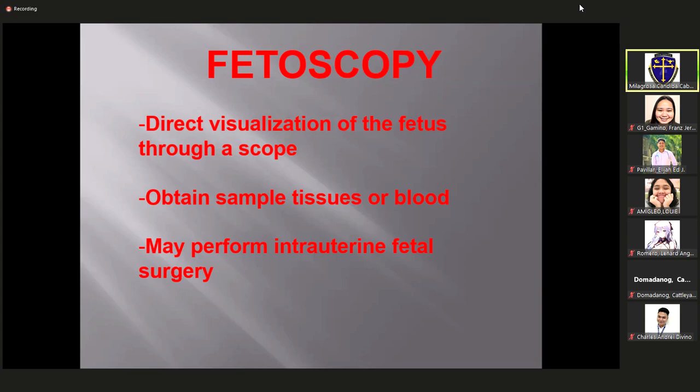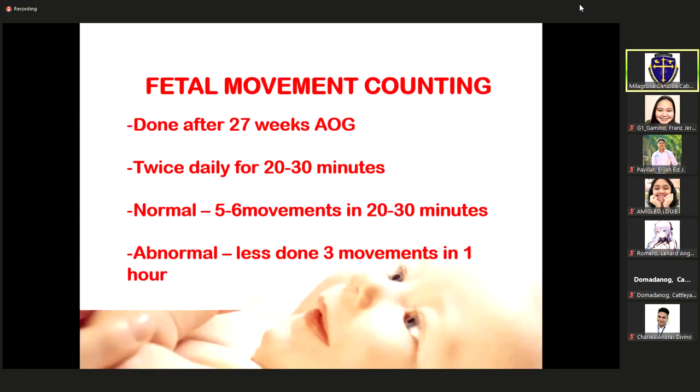It is also used, nakalagay dito, to retrieve sample tissue and blood samples, no? This is to detect also hemophilia particularly or other disorders, and may be used for some types of fetal surgery. Kasi itong scope na ito, meron siyang butas, camera, at the same time, butas for an instrument to pass through, no? To obtain tissue samples. That is fetoscopy. Okay?